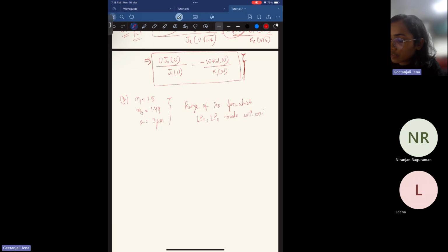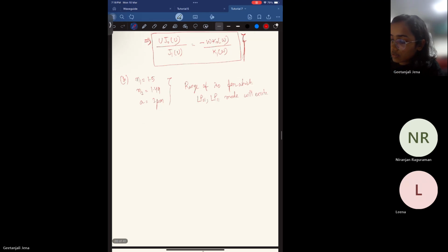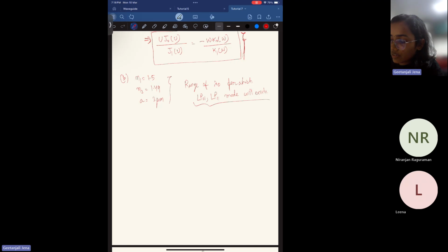So let me give you the condition also. We have already seen that for these two modes to exist, the V parameter should lie between 2.4048 and 3.8317.